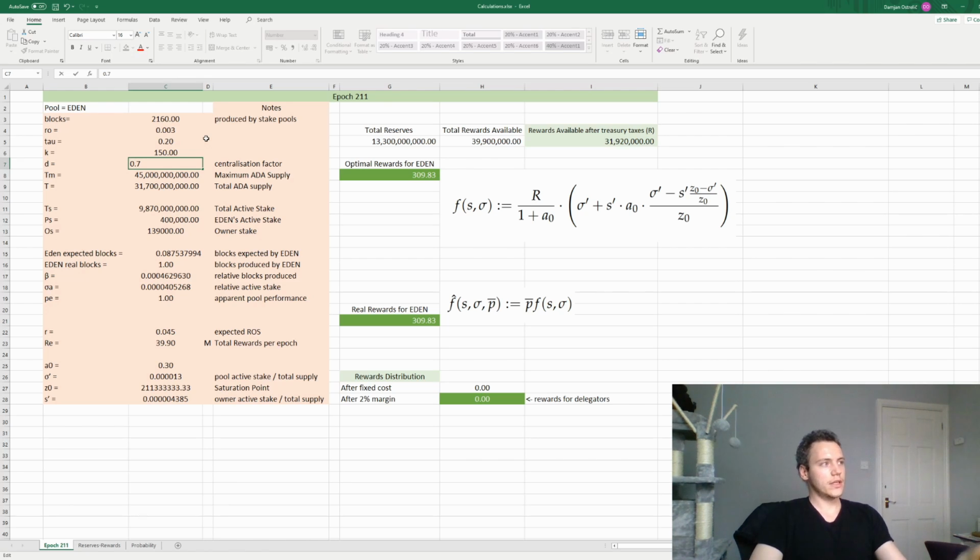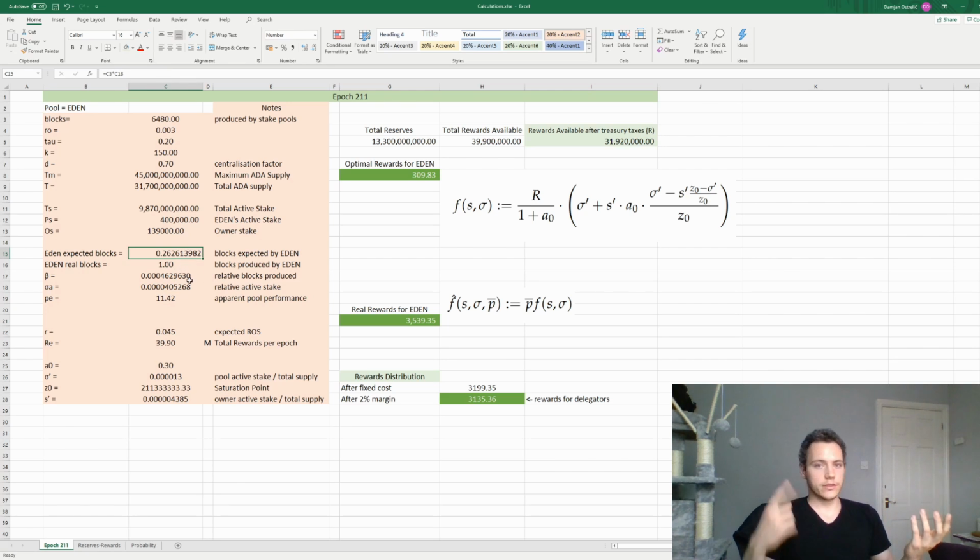Why? Because what do you think is going to happen to the apparent pool performance? Yes, it's going to be a lot higher, because the pool is expected to create only 0.26 blocks, and it creates 1, which is more than it's expected to do. So its apparent performance is higher.